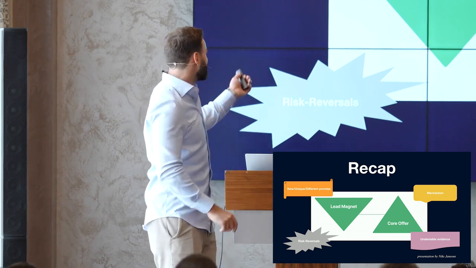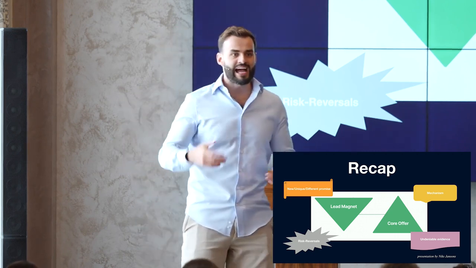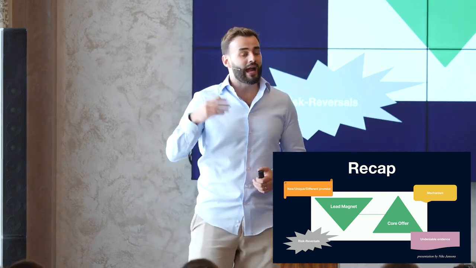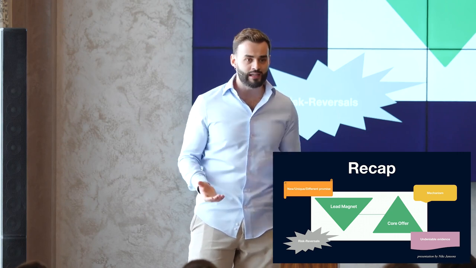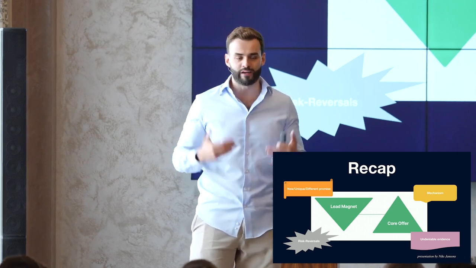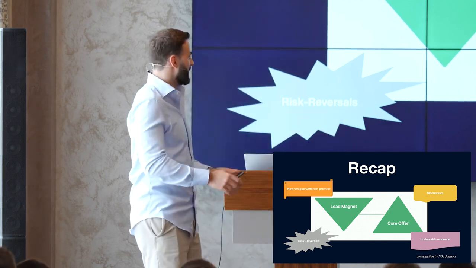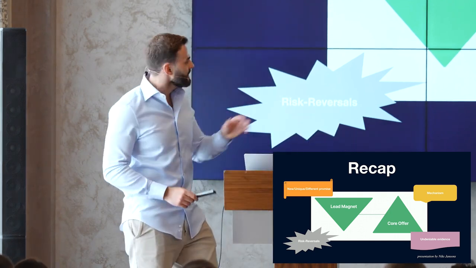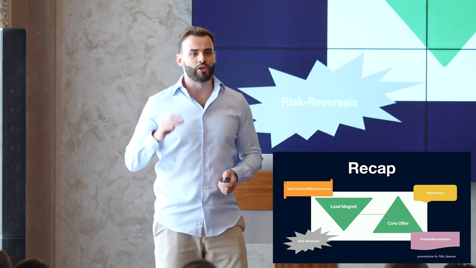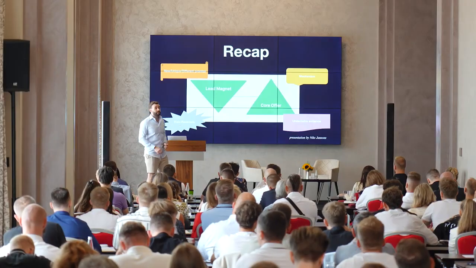Next thing, risk reversals. Add a guarantee. If you're afraid of money, just say, I will work for free until we hit it. Good way, no problem, just do that.